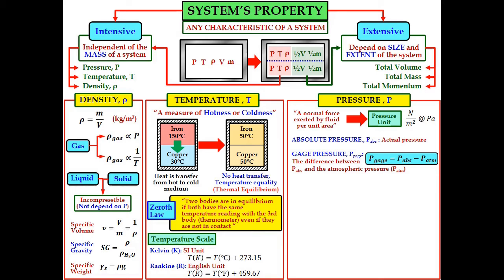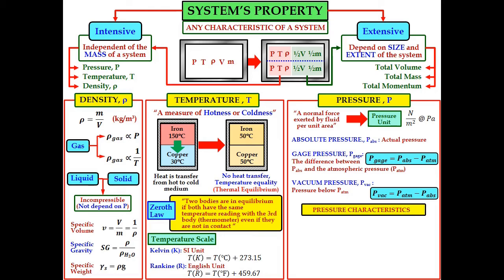So P gauge equals P absolute minus P atm. The third is vacuum pressure, P vac, which is the pressure below atmospheric pressure, where P vacuum equals P atmospheric minus P absolute. These are the three types of pressure.